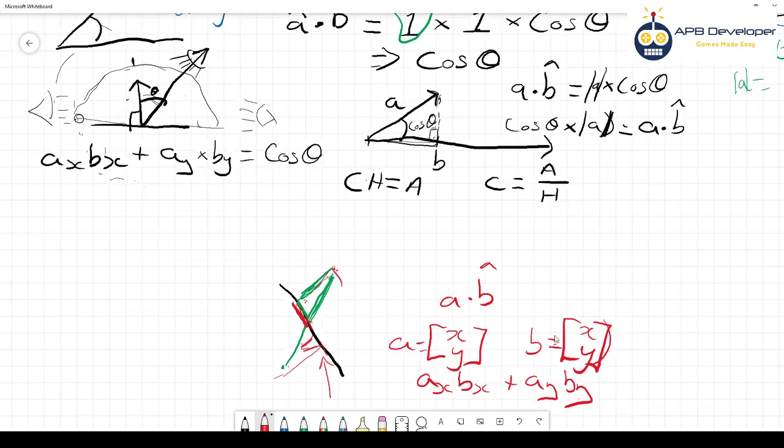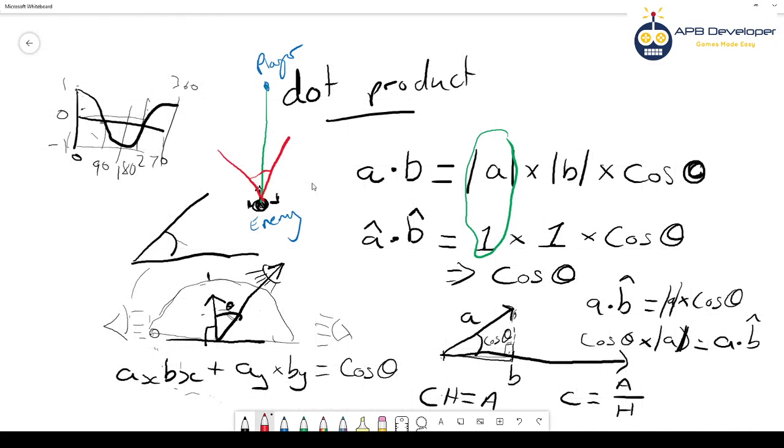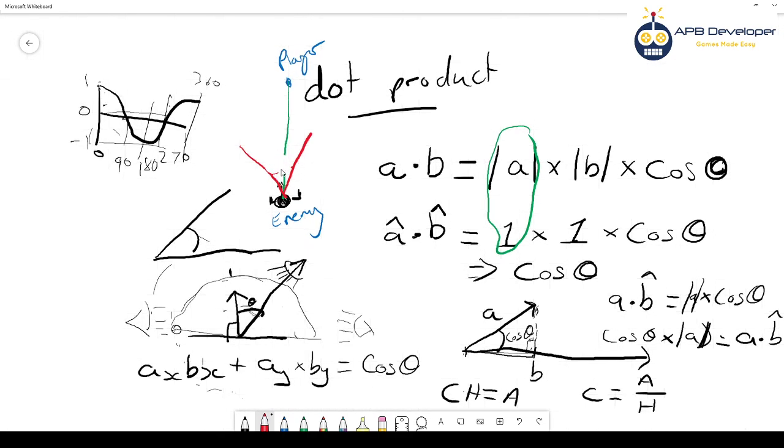With examples such as this enemy, for instance, where we're using the cosine, we're going to be checking against an angle.